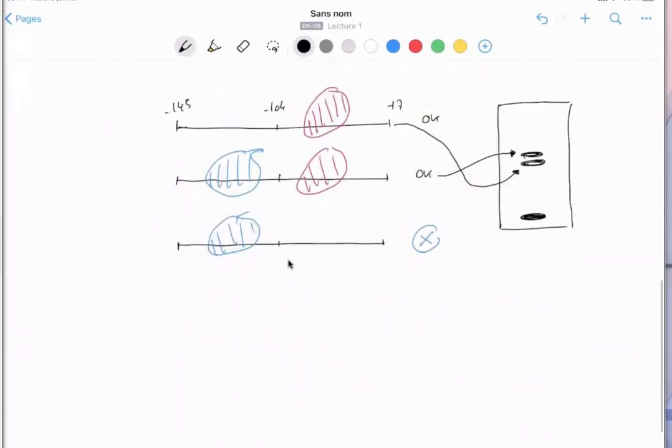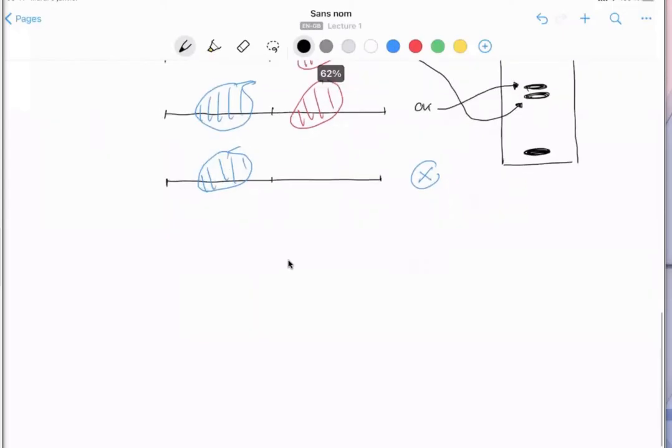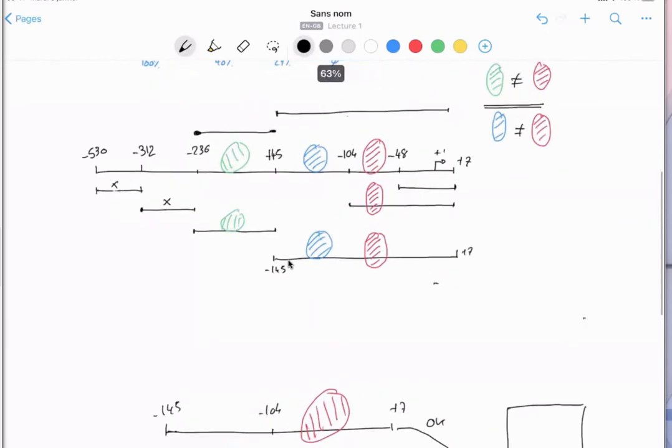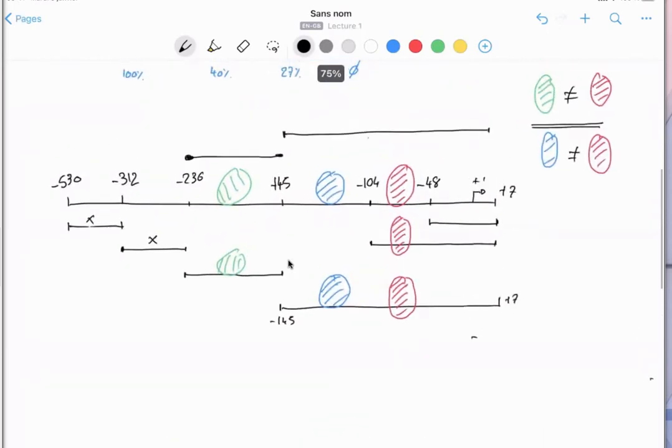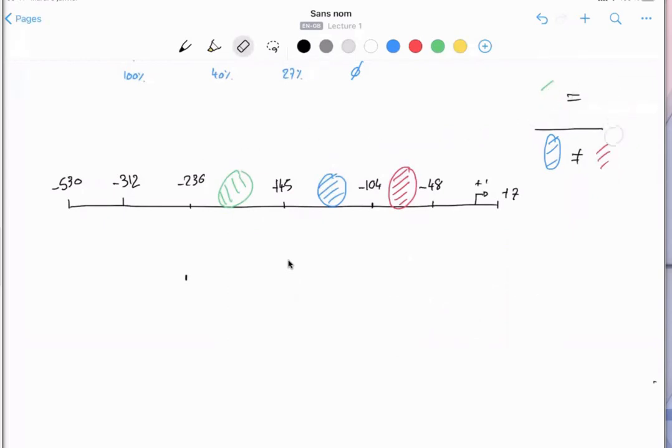Do you have any question for this part? So basically, for now, we can remove all this. This is not important at all anymore.